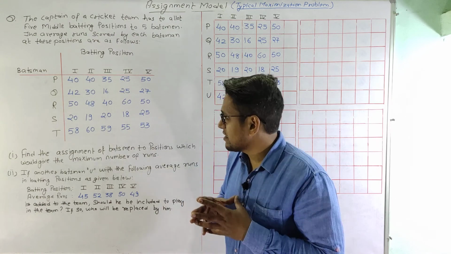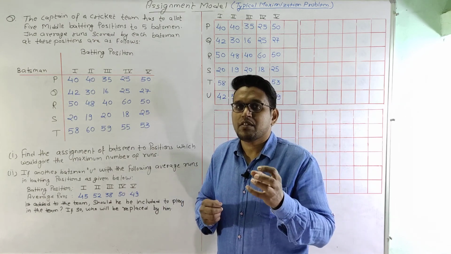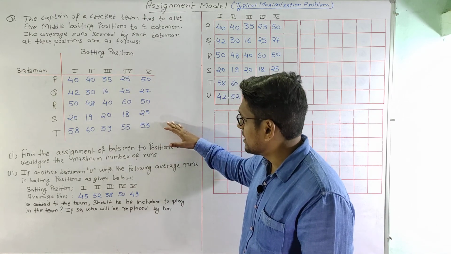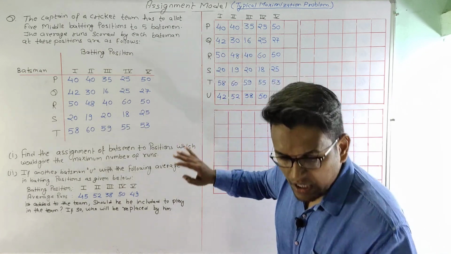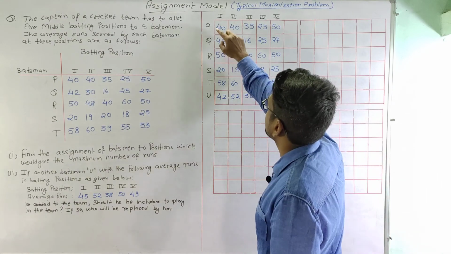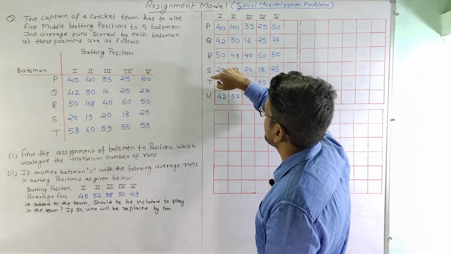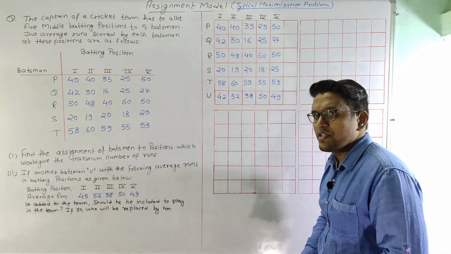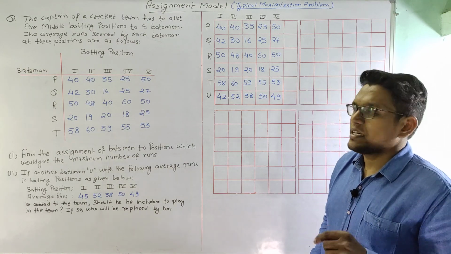So let us again see, here our objective is to find out the maximum runs. For that, again we will have this maximization matrix, and now in this matrix we can see that we have a 6 cross 5 matrix where we have 6 batsmen now, and there are 5 batting positions. The first step we follow in an assignment problem is to make it a square matrix.